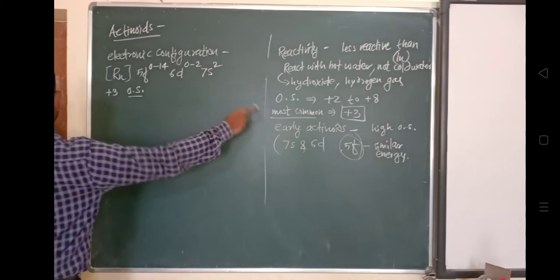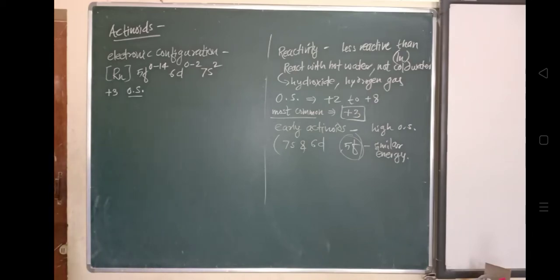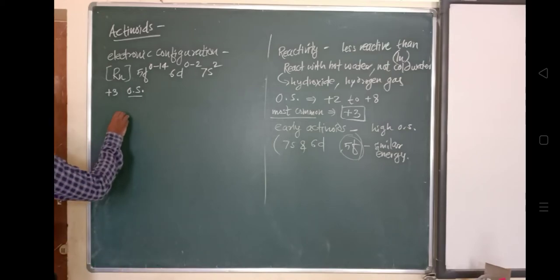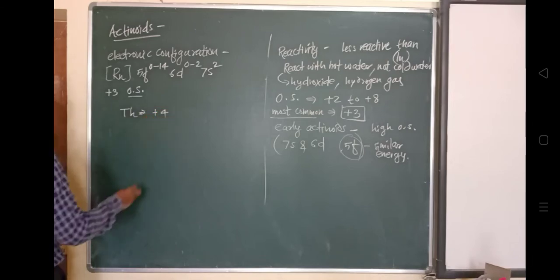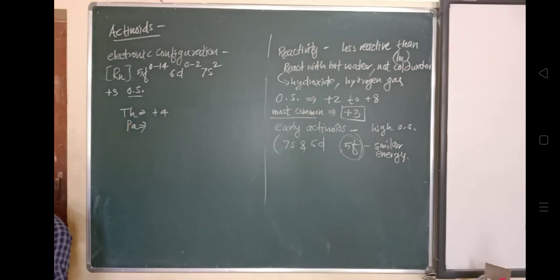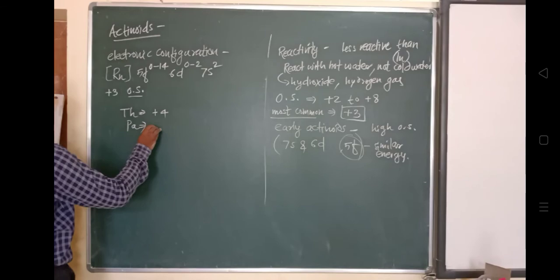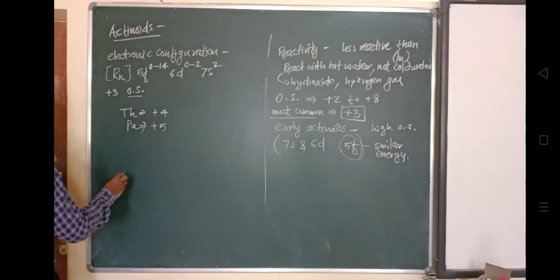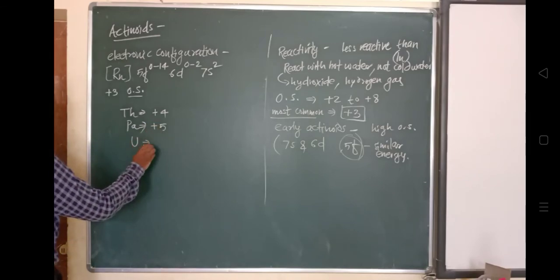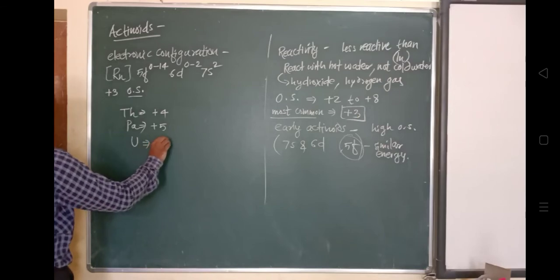As I already mentioned, the most common oxidation state in actinoids is +3. The highest oxidation states of early actinoids reflect the loss of all outer electrons. In the case of thorium, the oxidation state is +4. Next, protactinium is also showing a higher oxidation state. Then uranium shows +4 and +6.